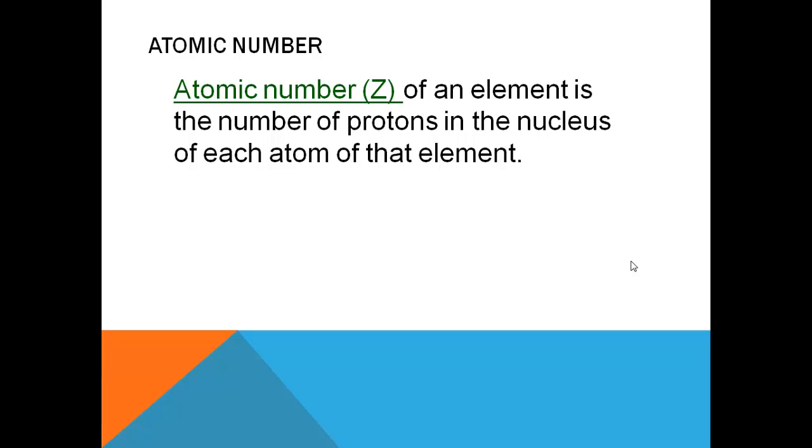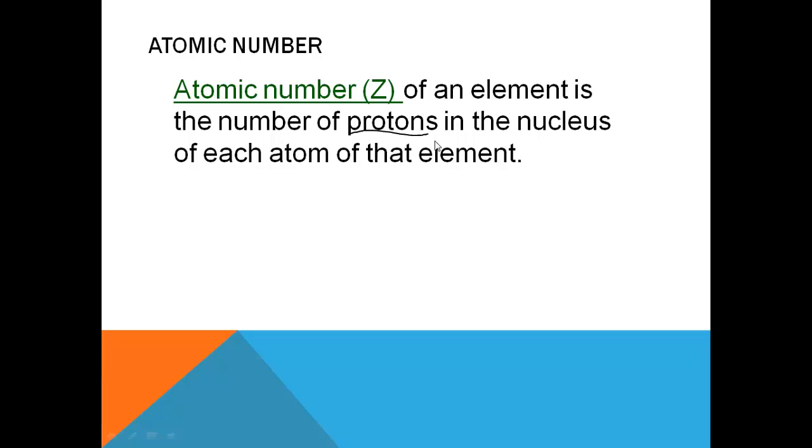The atomic number. This is a number that is assigned to each element, and every element has its very own unique atomic number. The atomic number tells us the number of protons in the nucleus of that particular atom of that element.